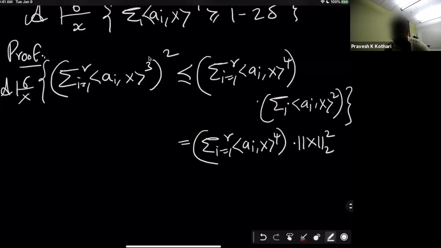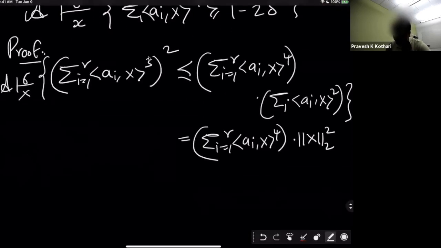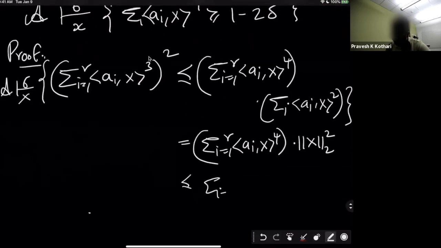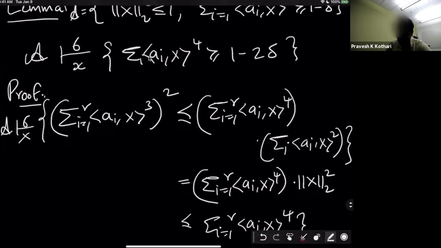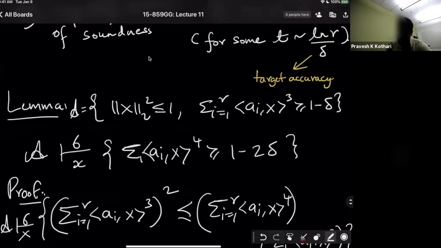Okay, very good. And now A has the constraint that norm of x squared is at most 1. So this is at most sum over i equals 1 through R of a_i x to the 4. And now I'm done because I observed that my constraints derive that sum over i from 1 through R of a_i x cubed is at least 1 minus delta.